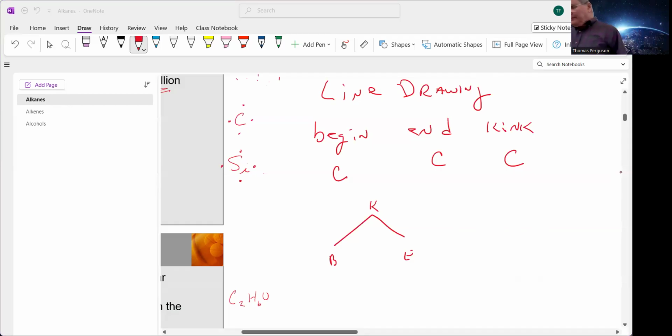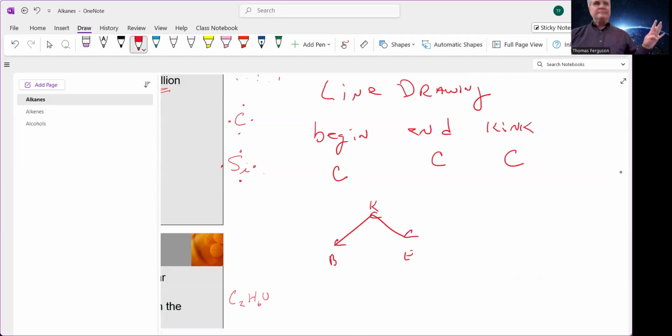Whenever we see this, we immediately go, oh, carbon, carbon, carbon, and carbon has 4 bonds, and those 4 bonds are taken up with carbons and hydrogens. So here this carbon has 1 bond already. In reality, it's got 3 more bonds, and those are attached to hydrogens.